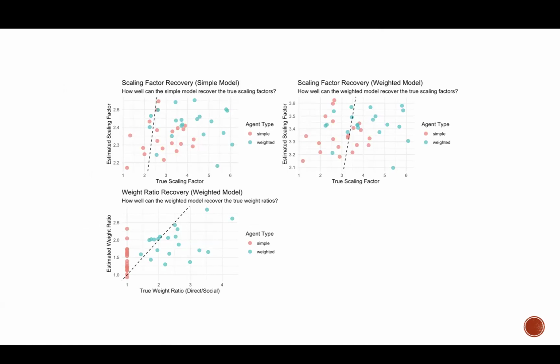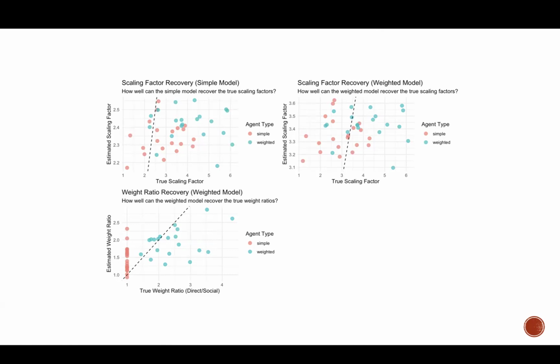So here, in red are the agents that were generated using the simple model. In blue are the agents that were generated using the weighted model. In the first plot, we see on the x-axis the true scaling factor and on the y-axis the scaling factor estimated by the simple model, which is definitely not ideal, right?